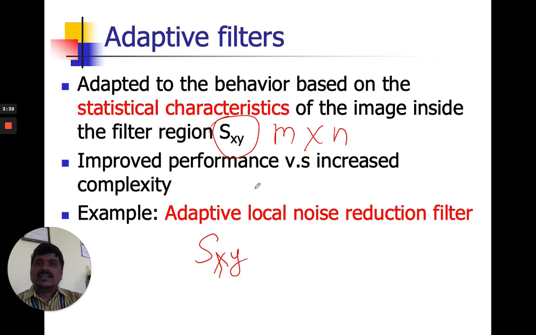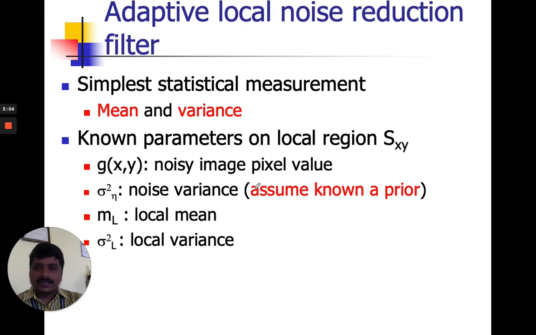Once again, the response of the filter at any point x comma y is based on four quantities. So what are these four quantities? First, g of x comma y, the noisy image pixel value at x comma y.